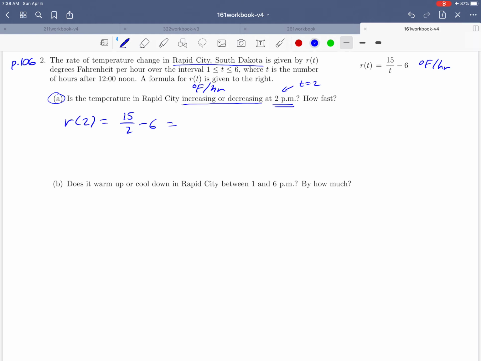If we do the calculation, 15 over 2 minus 6, that's 7.5 minus 6, which is going to be 1.5 degrees Fahrenheit per hour.